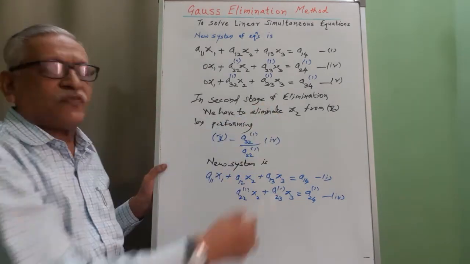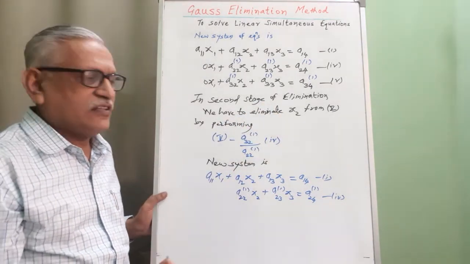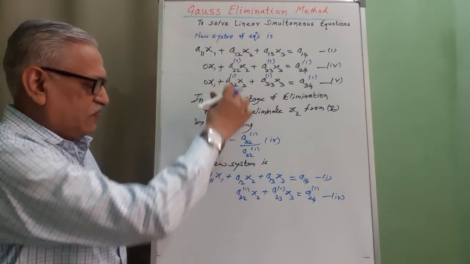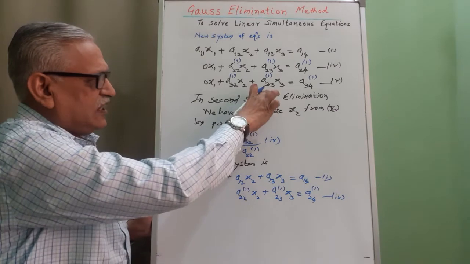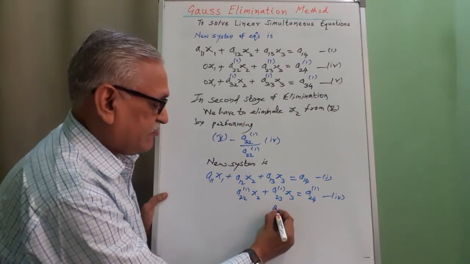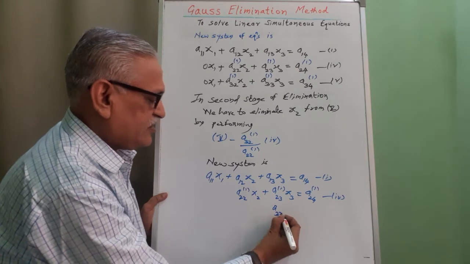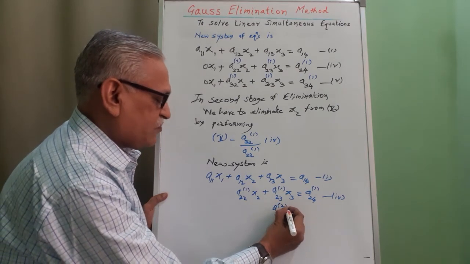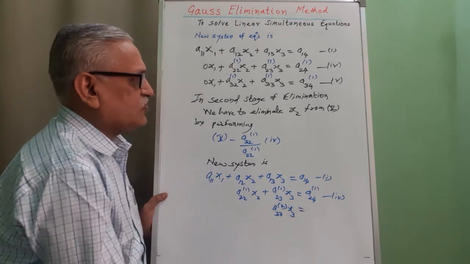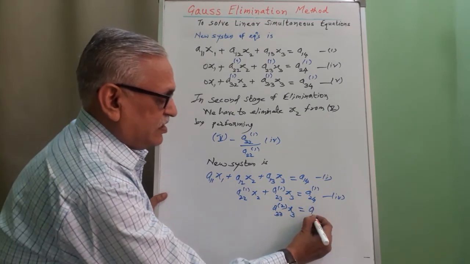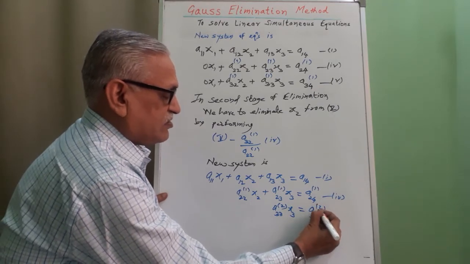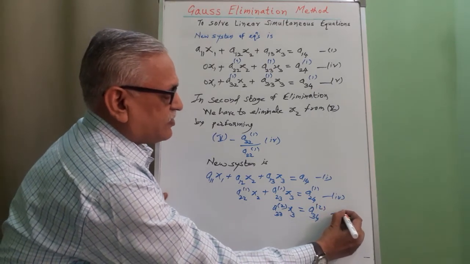And instead of equation 5, we have new equation as x2 is eliminated. We get a new value for a33 as a33 second approximation for it into x3 is equal to a34, a new value for it, and we call this equation number 6.